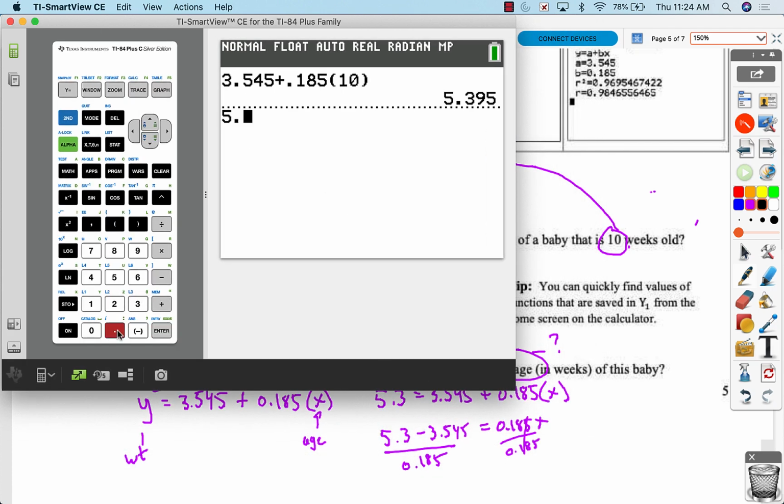Make sure you hit enter, then divide it by 0.185.